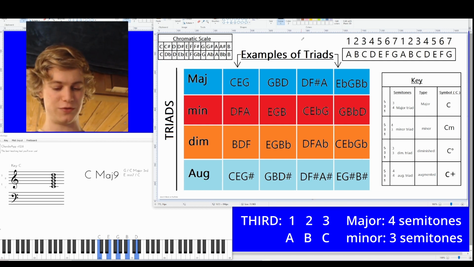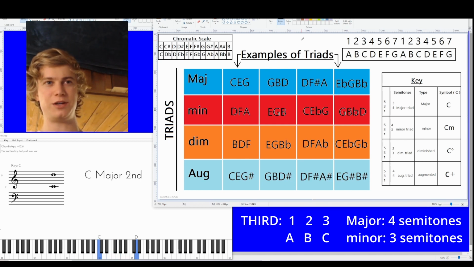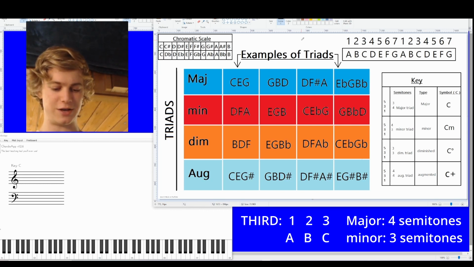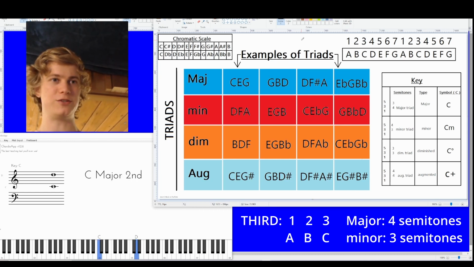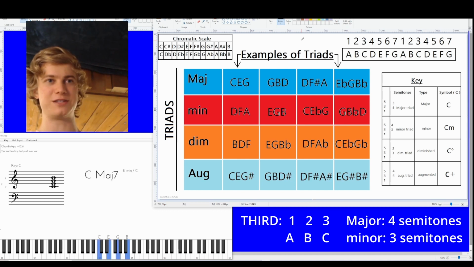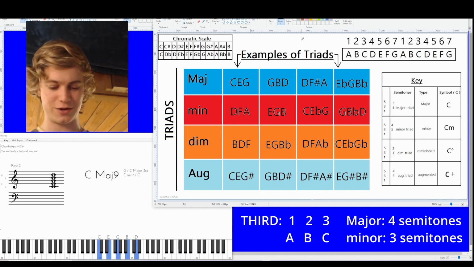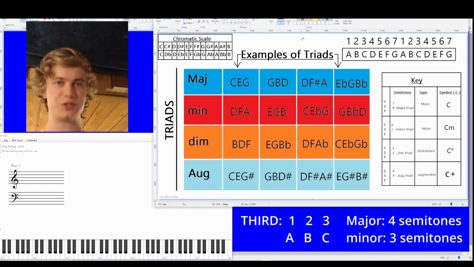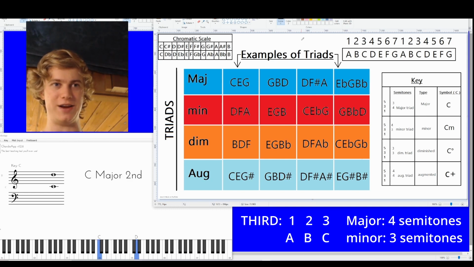But if I remove every note besides C and D, as you can see, it's calling it a major second here, which I kind of agree with because you're just hearing the major second. But what I'm explaining is that a major second, especially in certain contexts, can be thought of as a dyad, sounding the notes that are found in a C major 9 chord, but you're just hearing the C and the D, which can be thought of as the 1 and the 9.